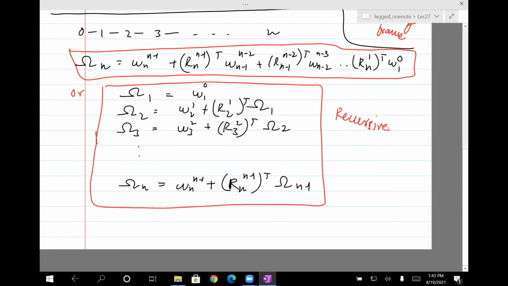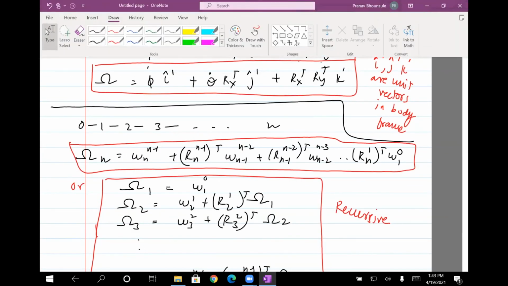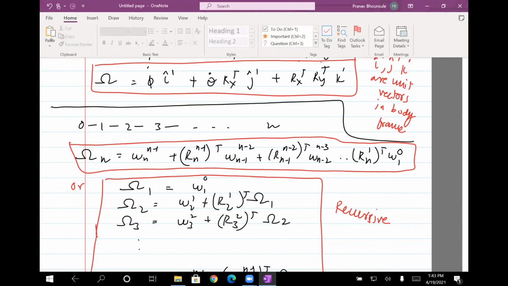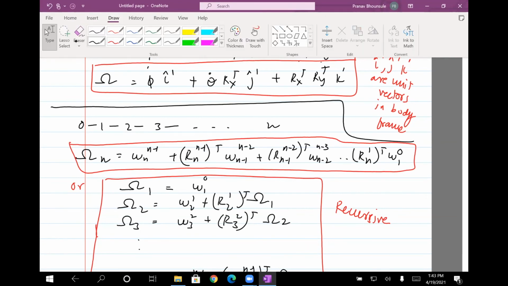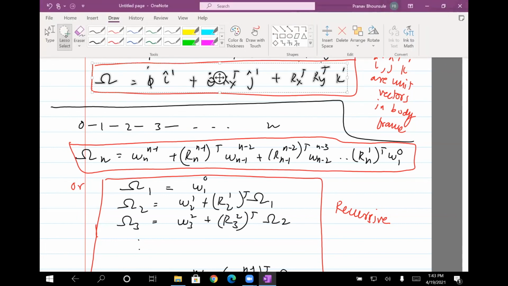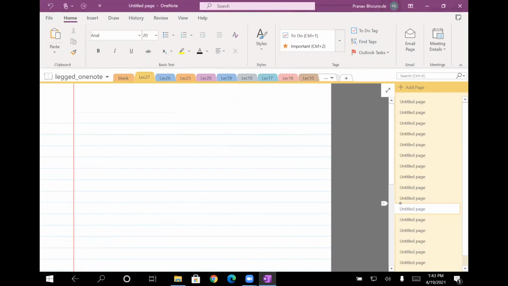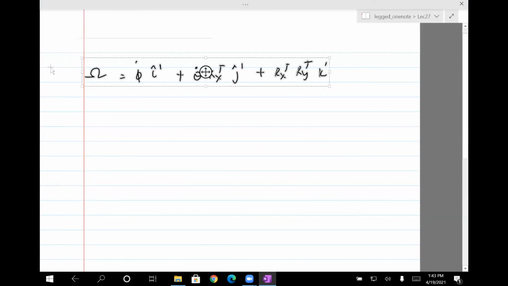Okay, I'm going to copy this. Just like the previous one, we can actually expand this expression out.